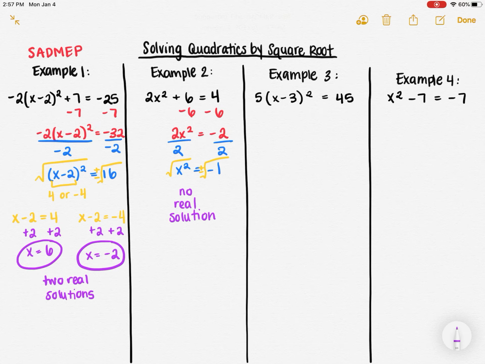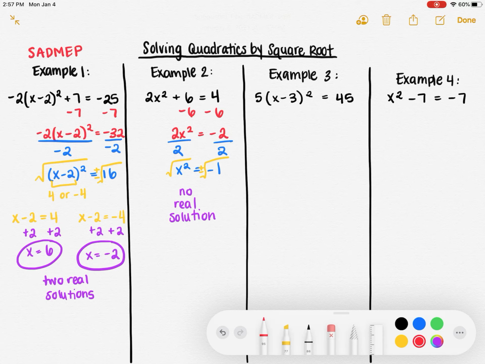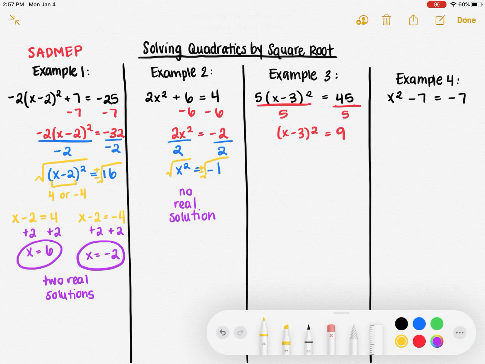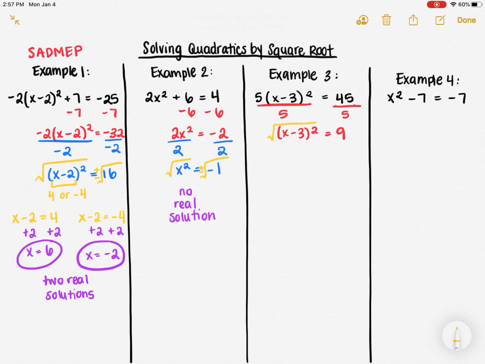So for example 3, we have 5 times (x - 3) squared equals 45. So again, following SADMEP, I need to get rid of anything outside the parentheses, which is 5. So I need to divide by 5 on both sides. So I'm left with (x - 3) squared equals 9. Now I'm at the point where I can get rid of my square by taking the plus or minus square root.